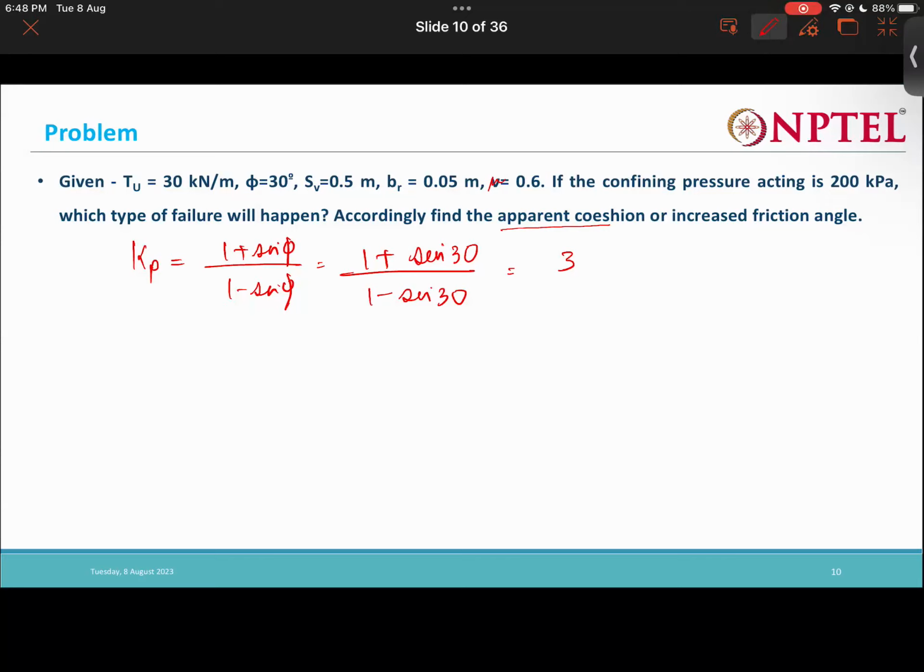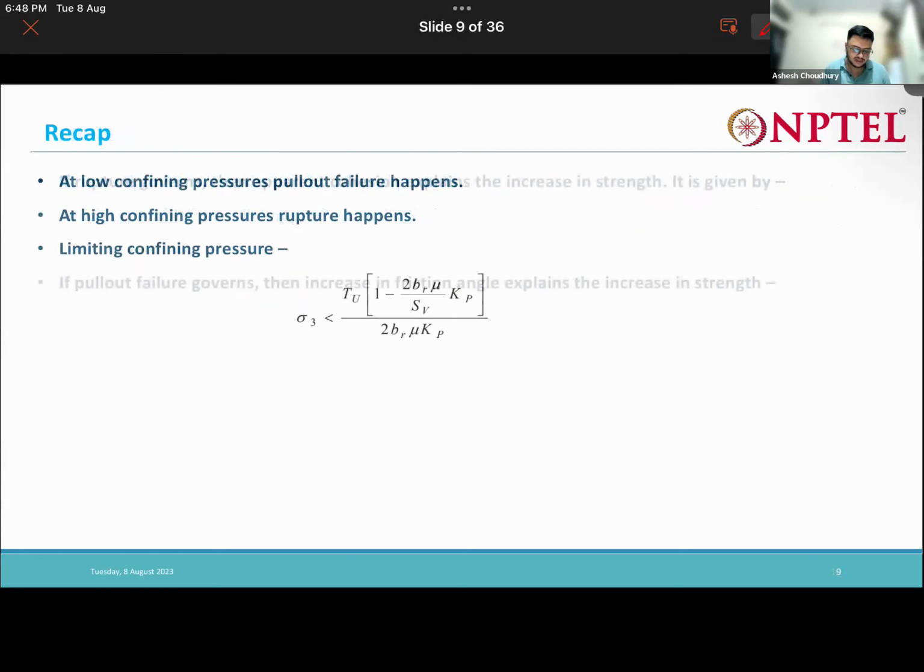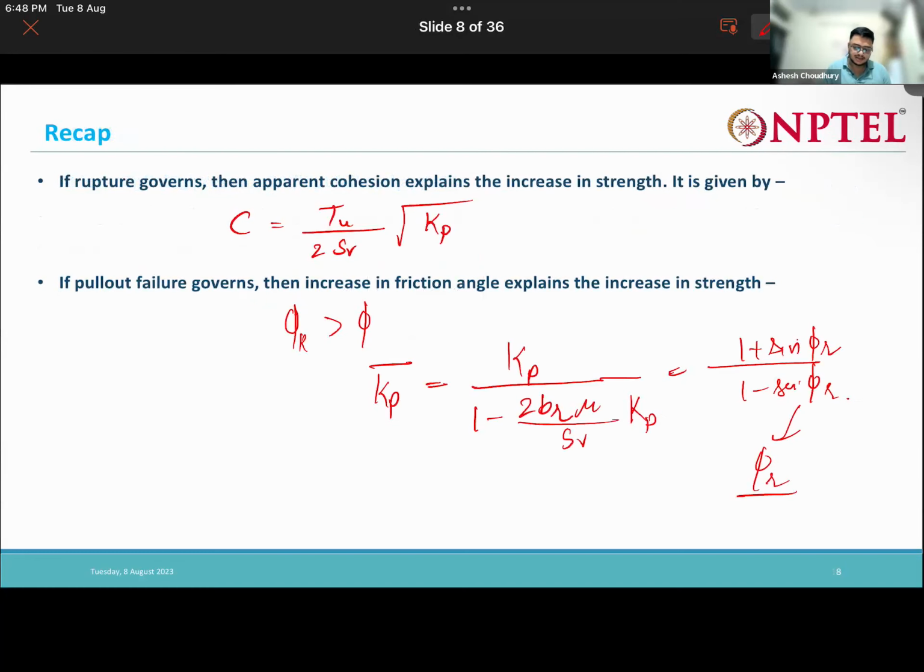Is it a rupture failure or the pull-out failure? If it would have been pull-out failure, then why are you finding out apparent cohesion? If the failure is pull-out, then this increase in friction.